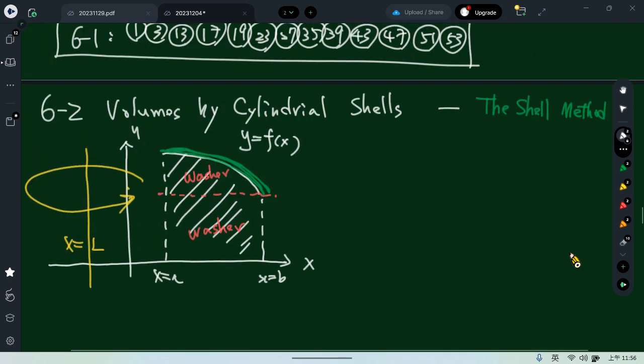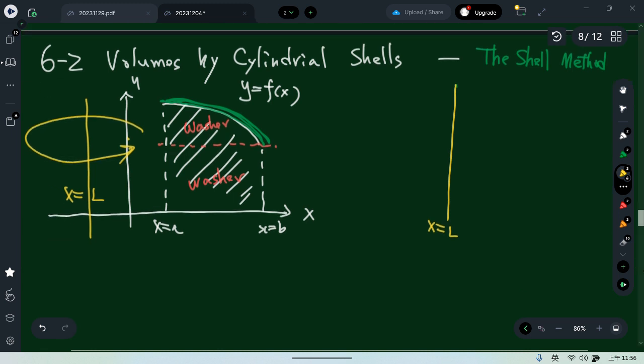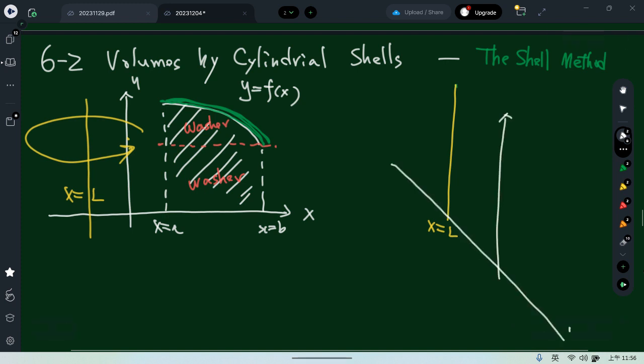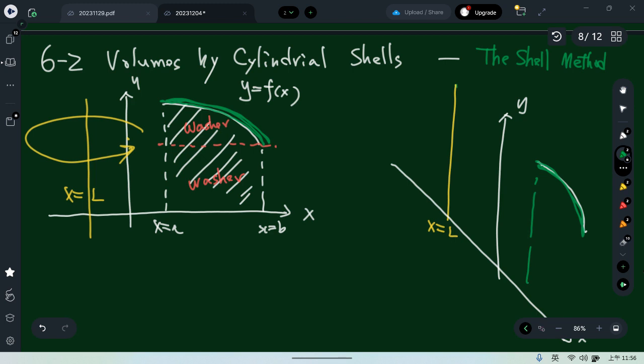The good way is this. Here x is equal to L, and here is the y-axis, this the x-axis. We just divide it from a to b again.